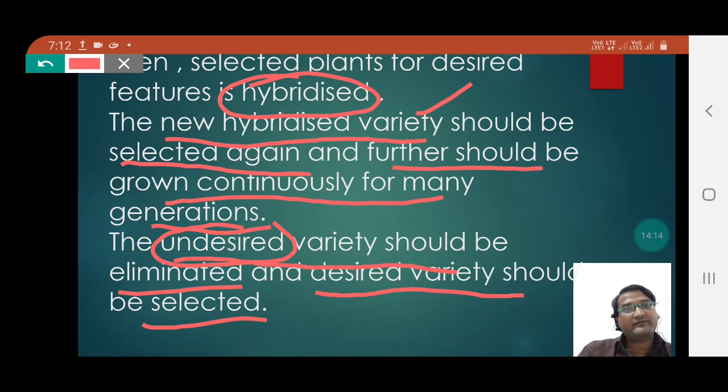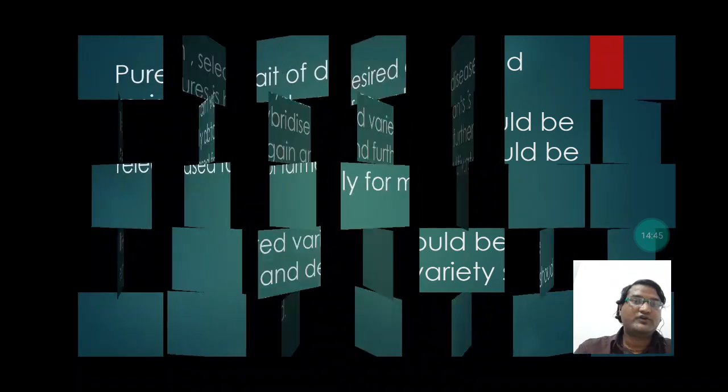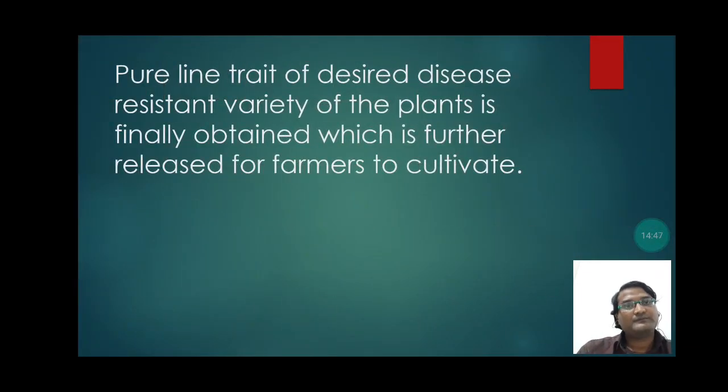So students, here during the growing of new hybridized variety, the undesirable varieties are being eliminated, so that only the improvised variety of the plant with higher disease resistance is left for our selection, because the undesirable variety has already been eliminated during the growing of crops.